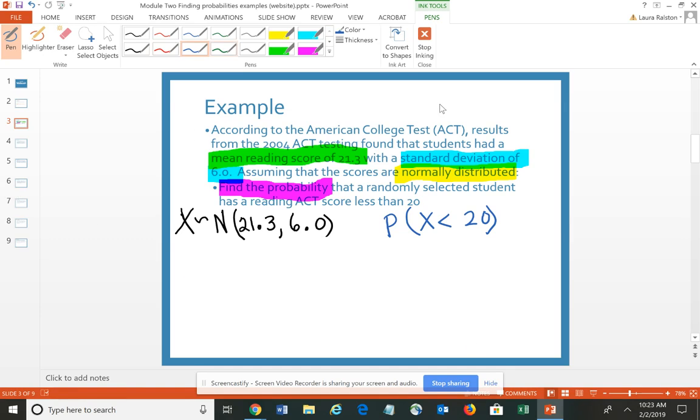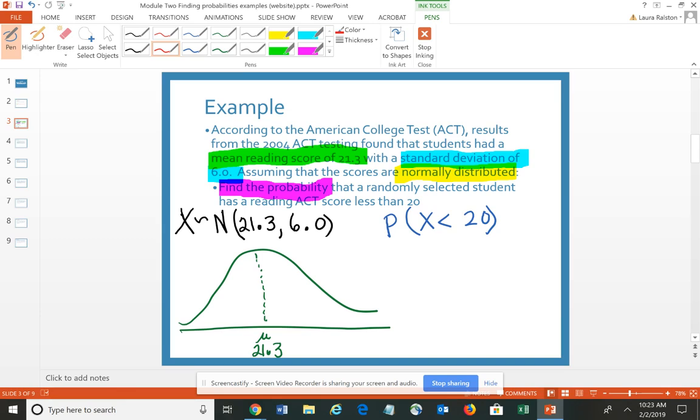Now, I want us to look at a visual. What would this look like? We know we have a normal distribution, so you have the horizontal axis and the bell-shaped curve. We label the mean in the middle, which is given to us as 21.3. Then we think about where values less than 20 would be.